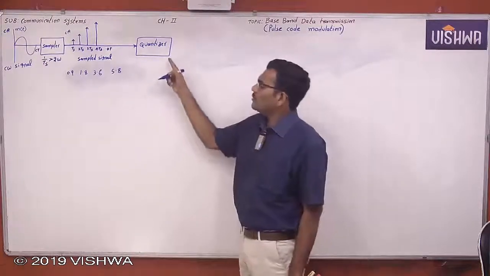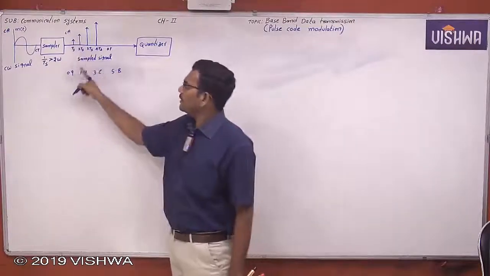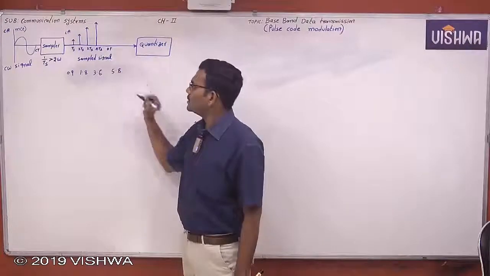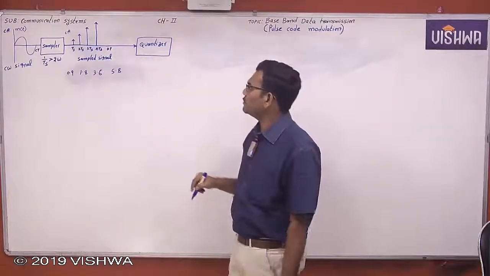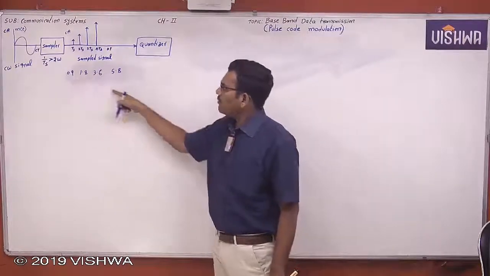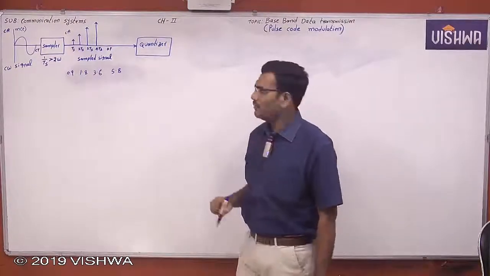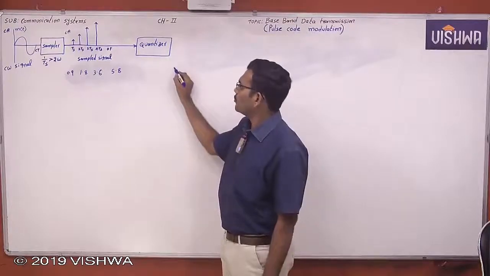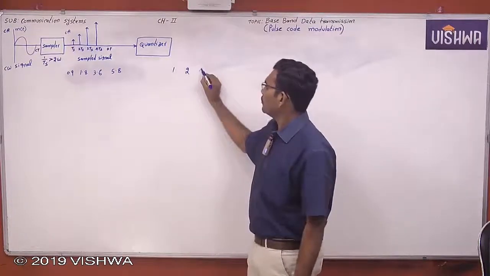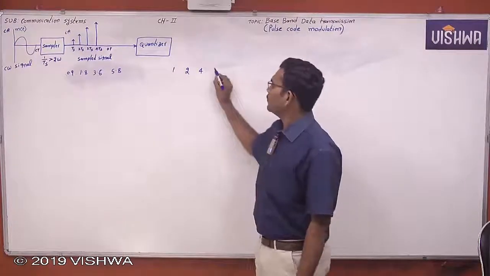Now what is the job of the quantizer? At TS 0.9, at 2 TS 1.8, at 3 TS 3.6, at 4 TS 5.8, original sample values. Now this quantizer rounds off these sample values to the nearest quantization level. Let us take 0.9 is rounded off to 1, 1.8 rounded off to 2, 3.6 rounded off to 4, 5.8 rounded off to 6, like this.